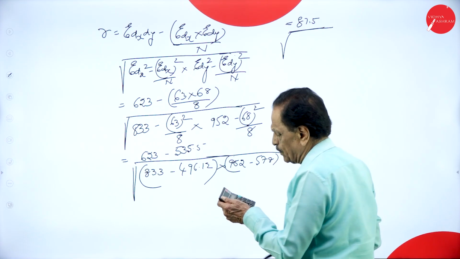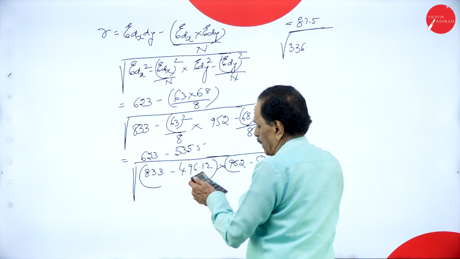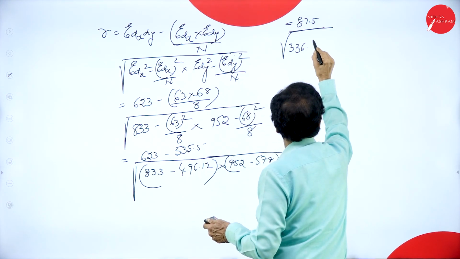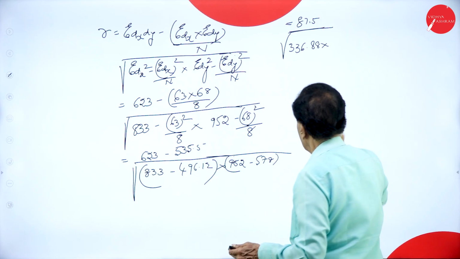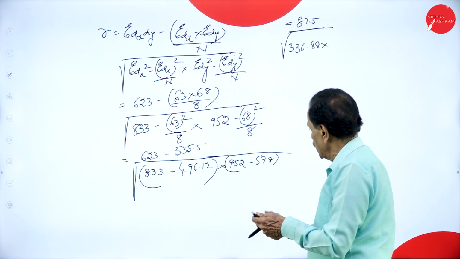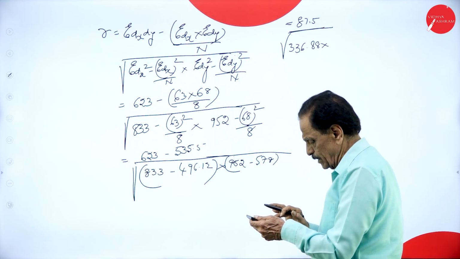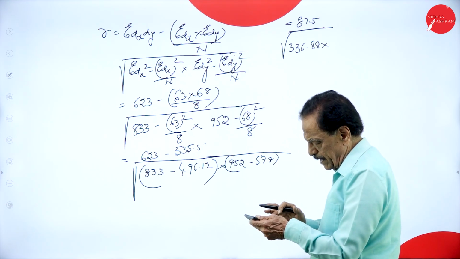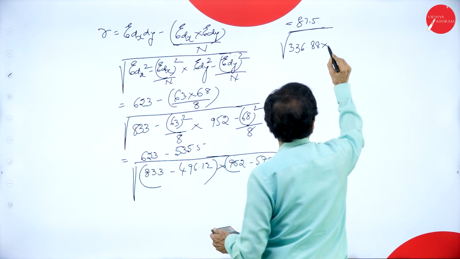This is 336.88 into 952 minus 578, which is 374.